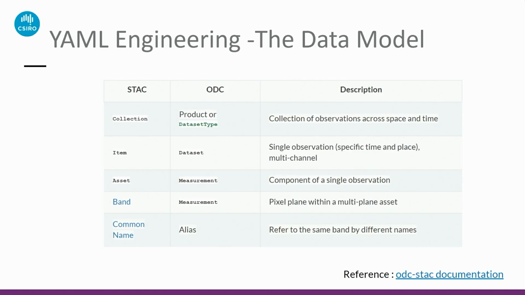Then the data model comes in creating these different objects in the YAML that you are attaching to the binary blobs that are the satellite imagery raster data sets to say, this is a product, this is from a different collection of observations, this is a single observation at a point in time and place, and these are the components inside it, and then these are the actual measurements that took place.